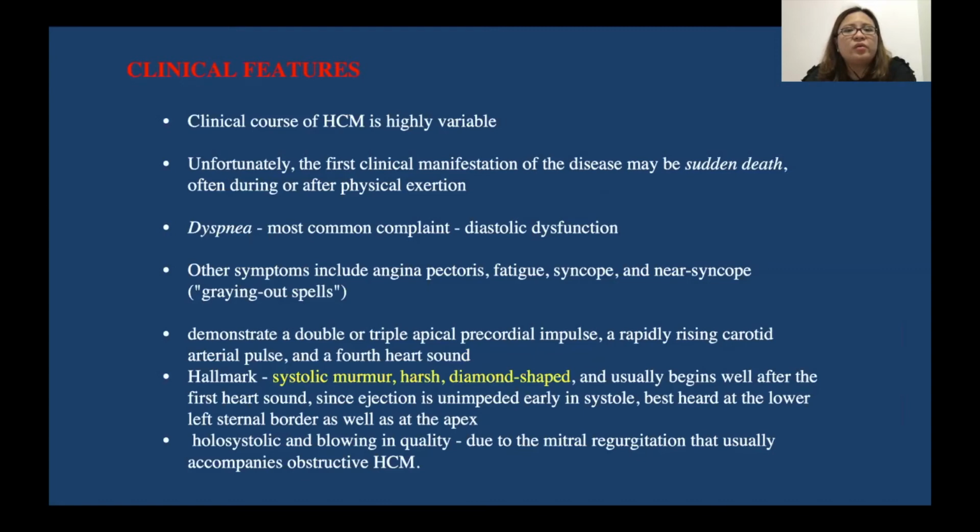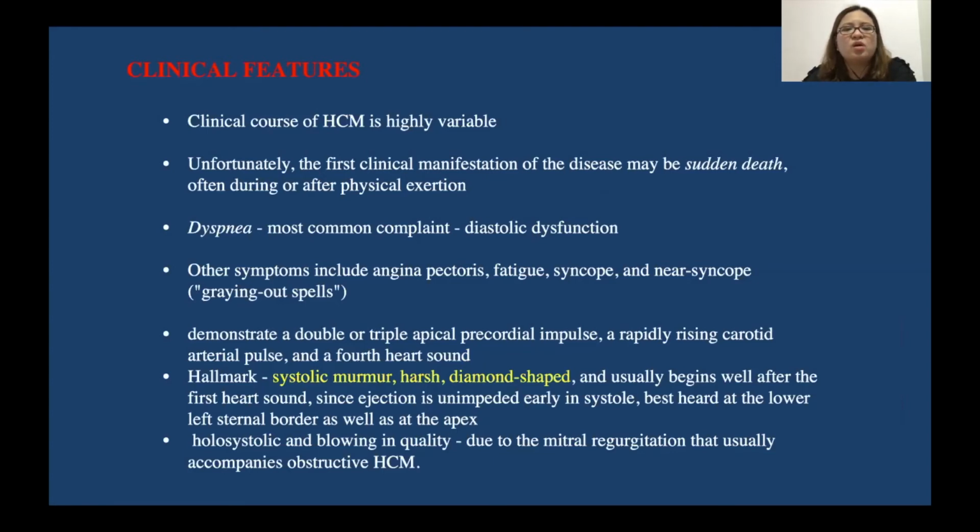So the clinical course of hypertrophic cardiomyopathy is highly variable. Unfortunately, in some patients, the first clinical manifestation of the disease is sudden cardiac death, often during or after physical exertion. You have heard of these among very young, healthy athletes who suddenly suffered sudden cardiac death, and on post-mortem examination or autopsy, the result showed hypertrophic cardiomyopathy.